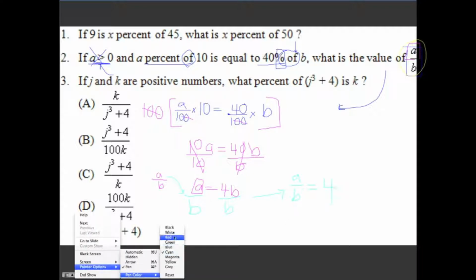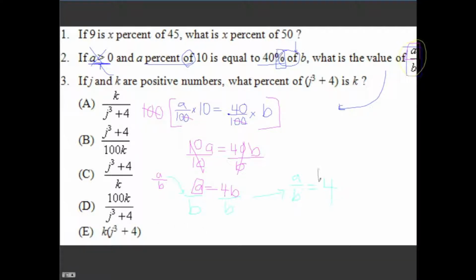And that is actually going to be our final answer. So our answer is 4. So you're going to pick the answer choice that says 4.